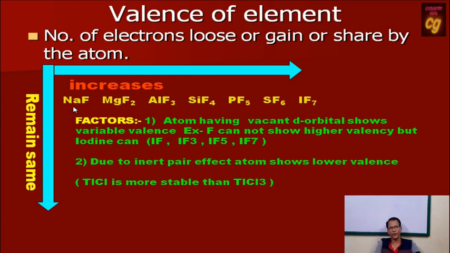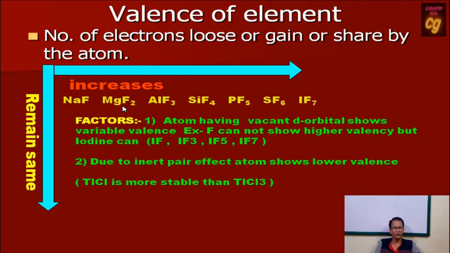For example, sodium is the first group, magnesium second group, aluminum 13, the third group, silicon 14 group, phosphorus 15 group, sulfur 16 group, and the halogens 17 group.